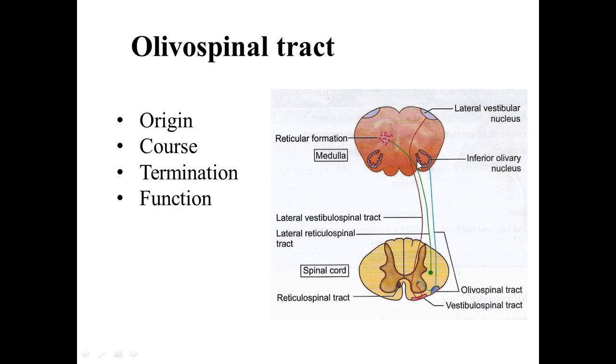The fibers descend on the same side in the anterior funiculus of the spinal cord. The function of this tract is to provide feedback to the spino-olivocerebellar pathway.